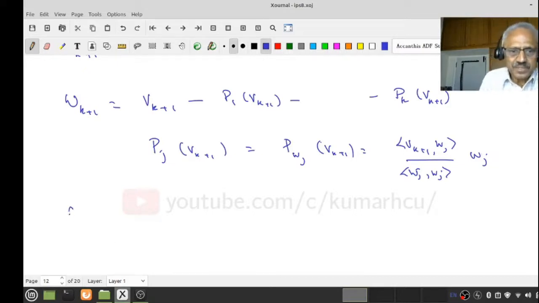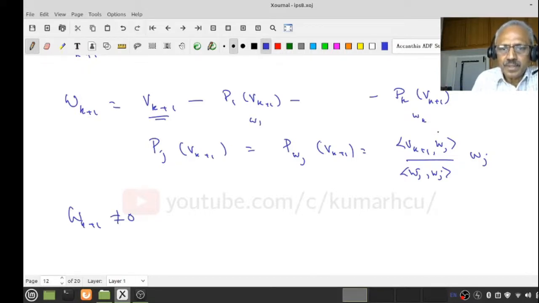Now the first thing is wk plus 1 is non-zero. Why? Suppose it is 0. Then, as usual, vk plus 1 will be a linear combination of w1 to wk. But the w1 to wk lie in the span of v1 to vk. You understand that? Therefore, vk plus 1 will lie in the linear span of v1 to vk.